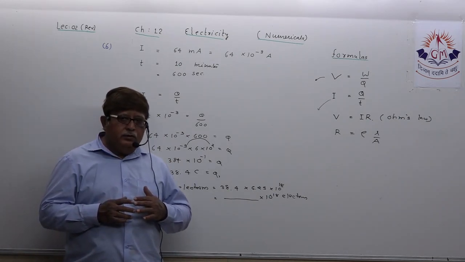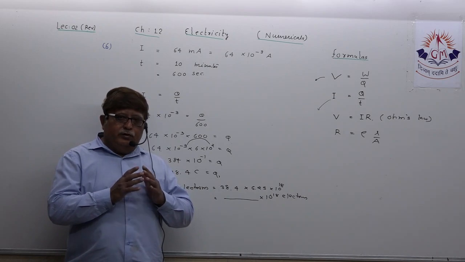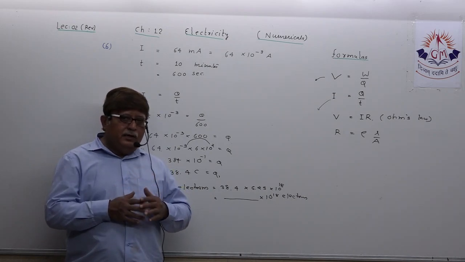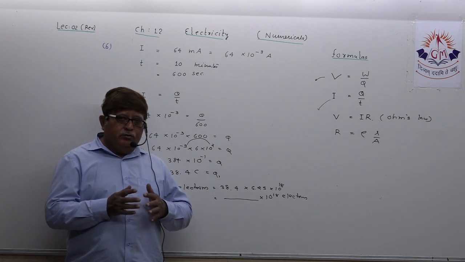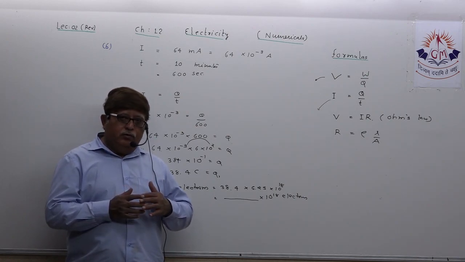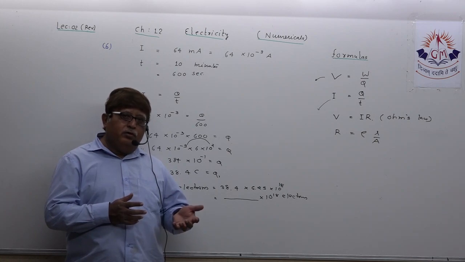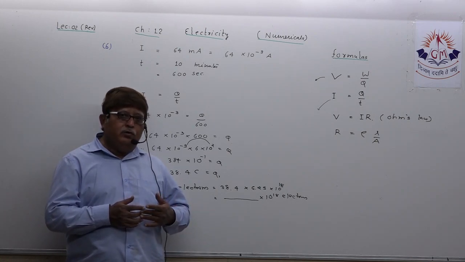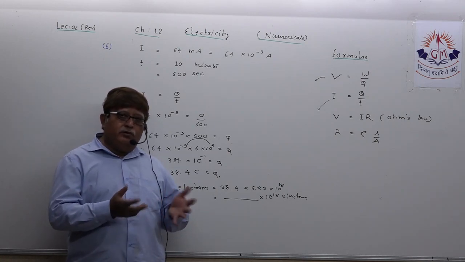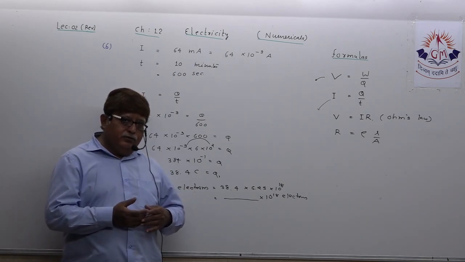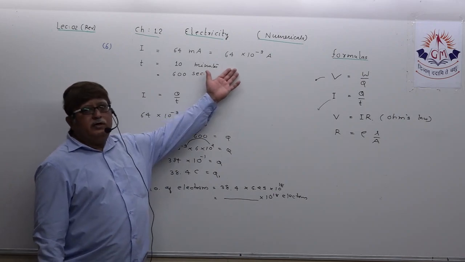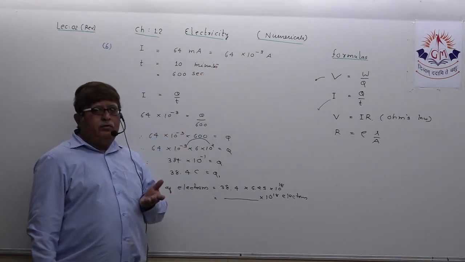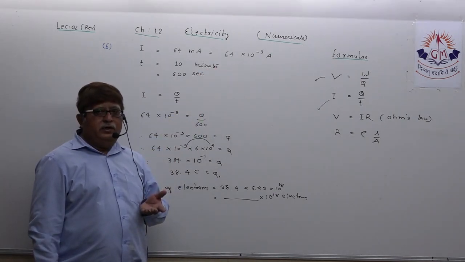It doesn't mean that you stick to the method which only I taught. You have to be thoughtful enough to alter your way of solving the example also. Okay, you can go for some alteration also. You all know 1 ampere means how many electrons.